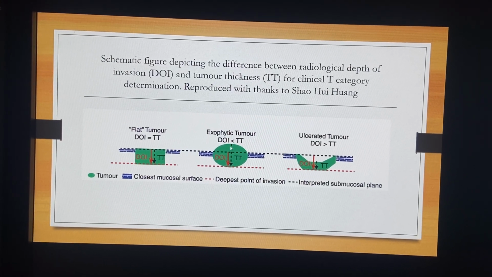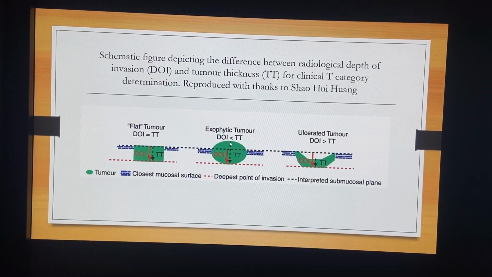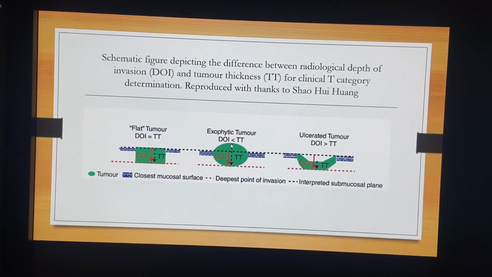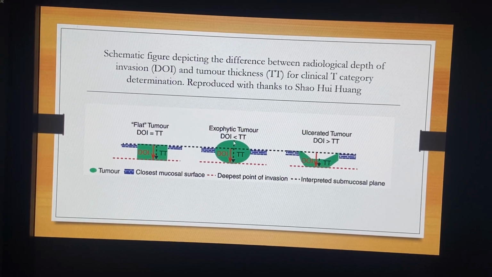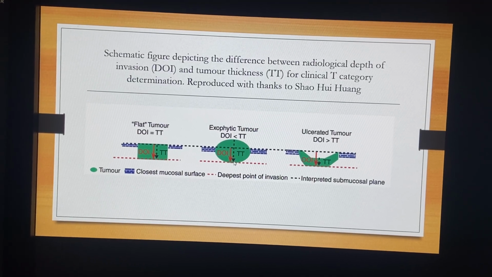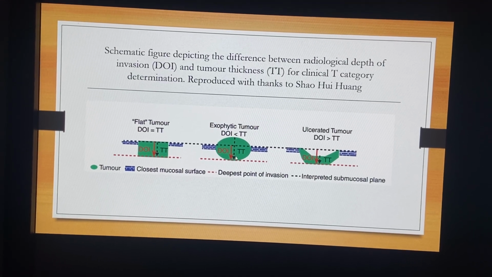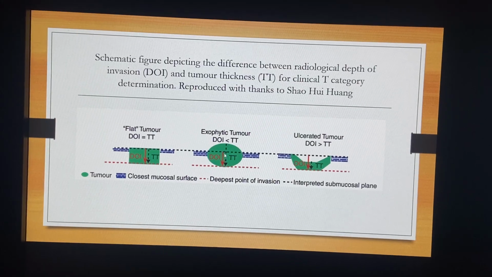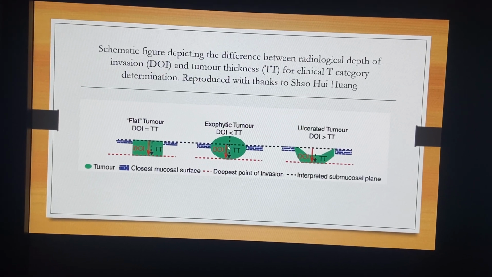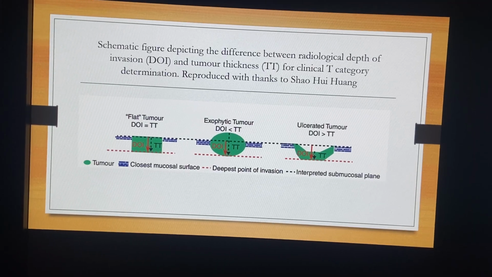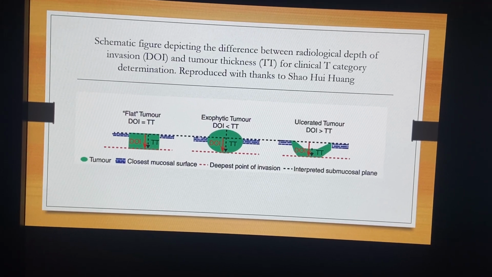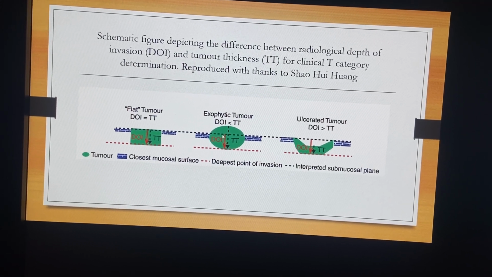So the tumor thickness is the entire measurement of the tumor, the green, from the top of the tumor to the deepest point of the tumor. That is the tumor thickness. Whereas depth of invasion is marked by the red solid arrow. This is measured from the interrupted mucosal plane, the original mucosal layer, to the deepest point of the invasion.